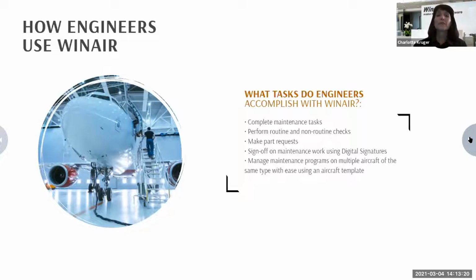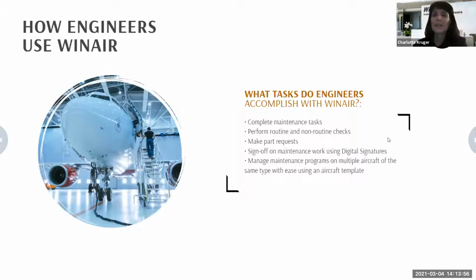Also, straight from the task, they can request the parts that they need. If it wasn't set up in your template and there's anything additional that they need, they can do the request straight from their task card without navigating anywhere else. Also on their task card, they can see the state of the inventory of what they are asking for, so they can immediately determine whether this is going to be a problem, whether the task might have to be postponed, or whether they can just go straight to the stores room and pick the part up.